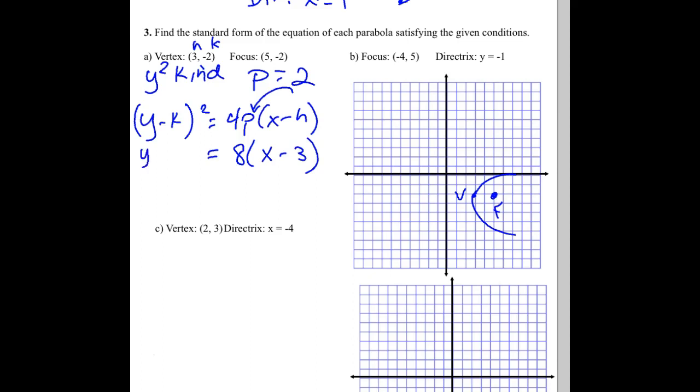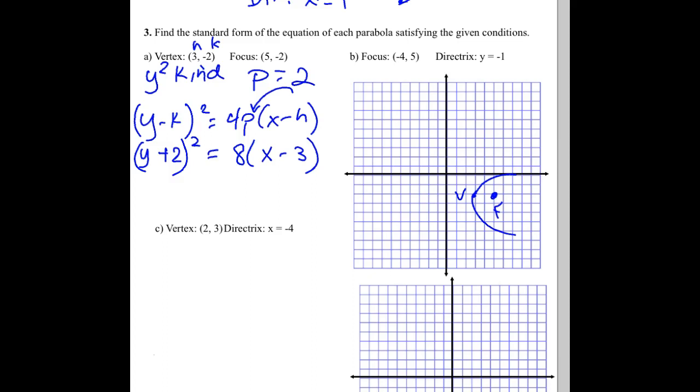And k is negative 2. So minus a negative 2 would be plus 2. We good with that? Yes or no? Okay.